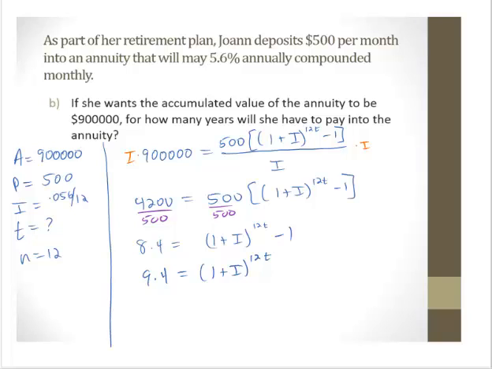Now since the variable is in the exponent, I'll apply the common logarithm to both sides. Log of 9.4 is equal to log of 1 plus I to the 12t, which is 12t log 1 plus I. Now to solve for t, I'm going to divide both sides by 12 times log 1 plus I.